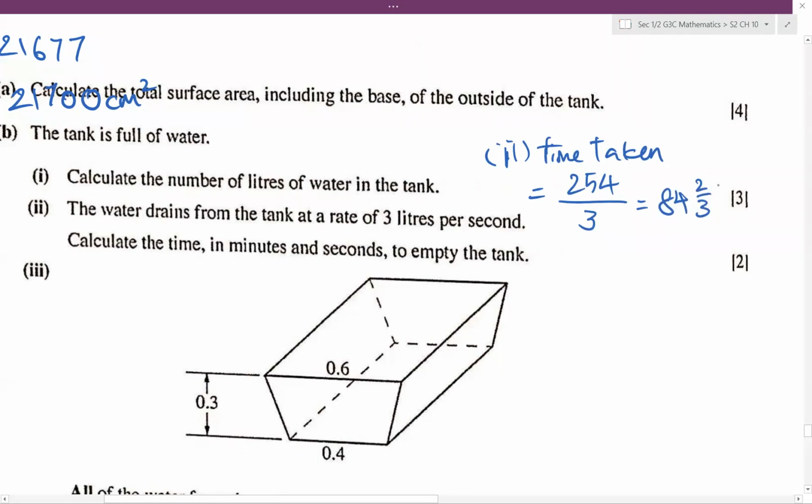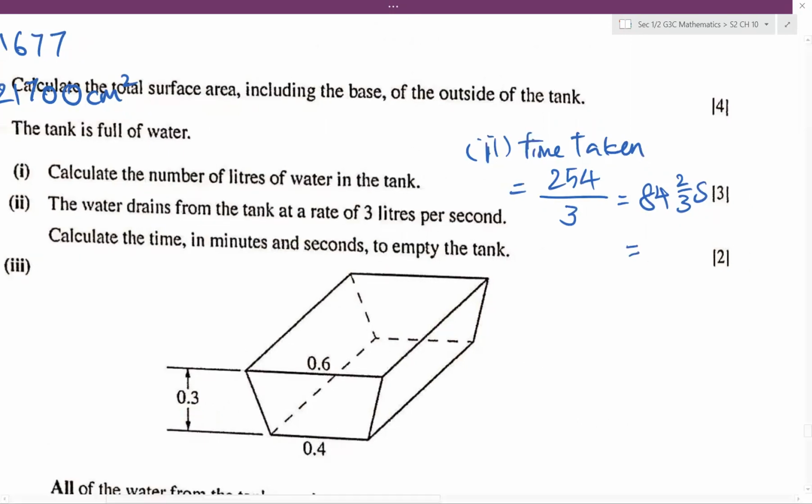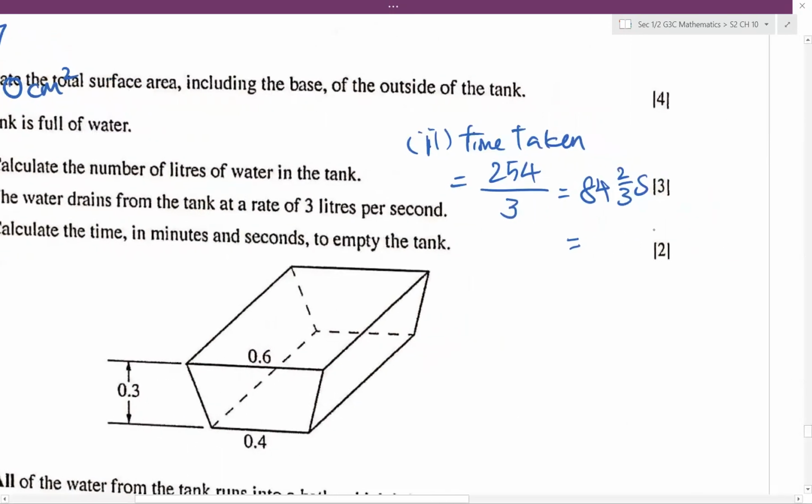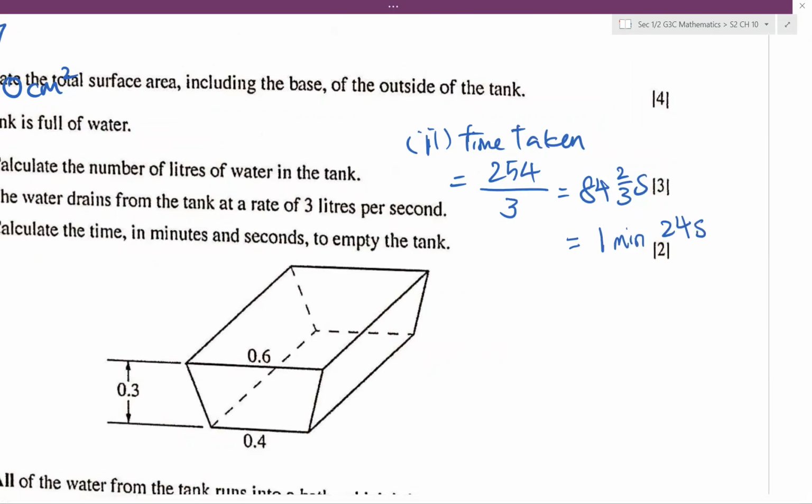Wait, what unit is this? Okay, seconds. Then? Okay, convert. 1 minute 24 seconds. Over your 2/3 second. One minute 24 seconds is only 84 seconds. Eh? Over your 2/3 second.